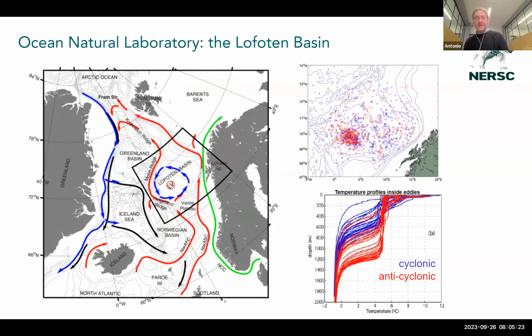In the next slide, I would like to characterize the general circulation in the Norwegian seas. On the left, if you look at the red arrows, you have the pathways of the North Atlantic waters going to the Arctic. Then you have the separation into two branches, the slope and the frontal current of the Norwegian current, and in the middle there is the Lofoten Basin.